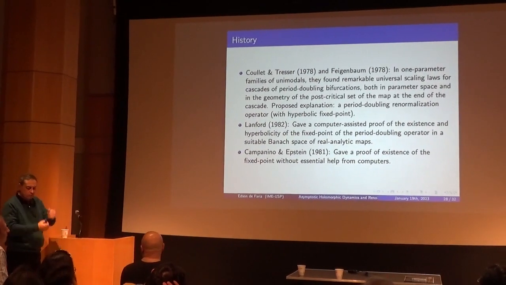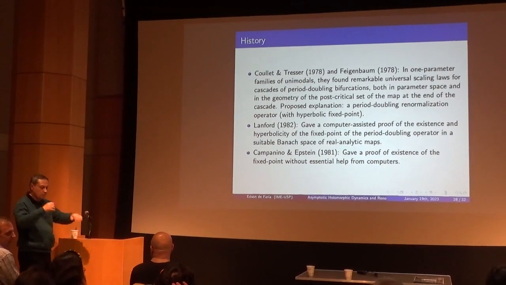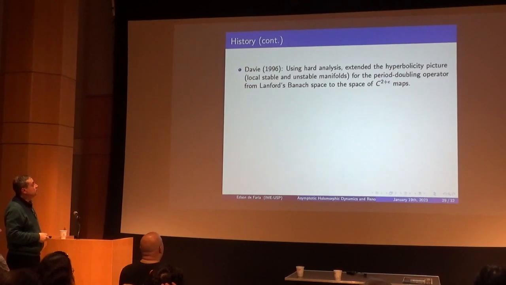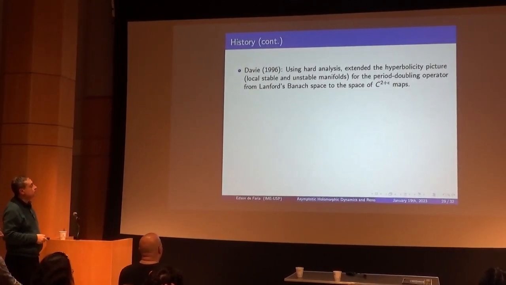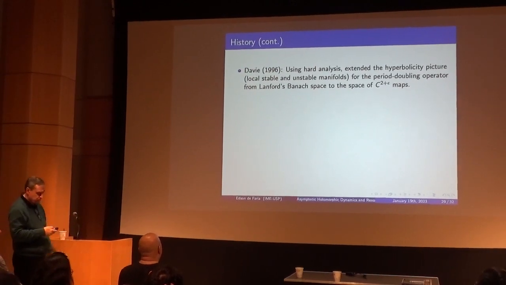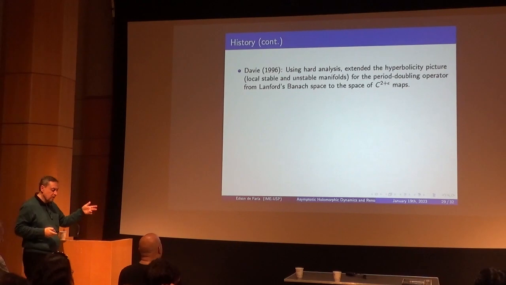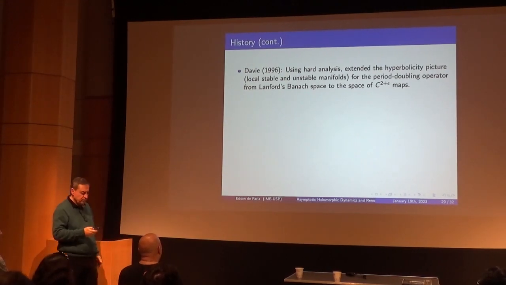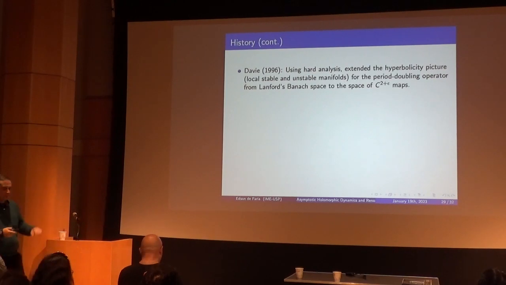It doesn't show you, you know, you want to show that there is some hyperbolic picture near this fixed point. Then this guy Davie came along, and he's not a dynamicist, he's a guy in functional analysis, but this is a very hard, short paper, where he takes this hyperbolicity that Lanford found, and he pushes it to the world of C^{2+ε} maps near this fixed point.